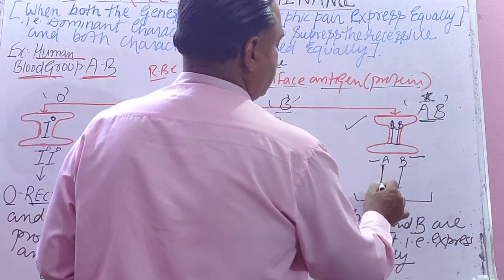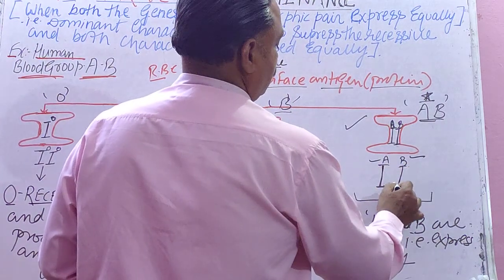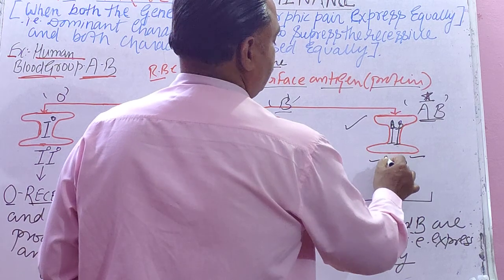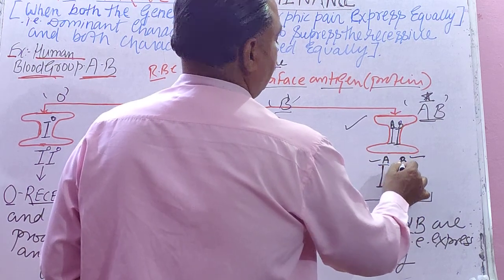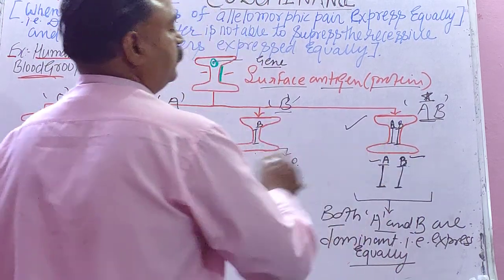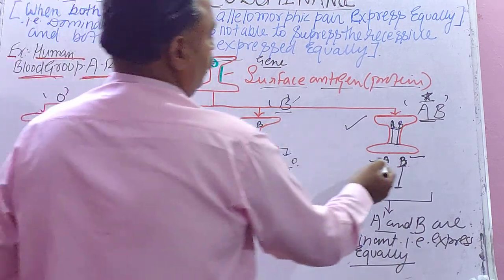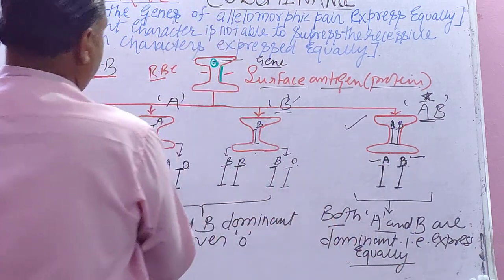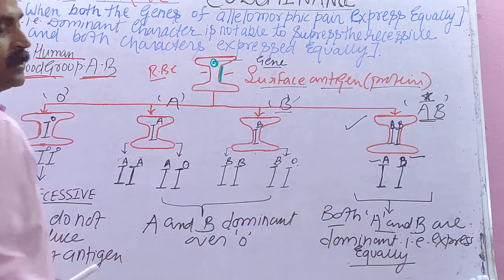These are the alleles. And what are these, students? These are the surface antigens which denote the blood group. This green color, here we have used this surface antigen in the form of letters.